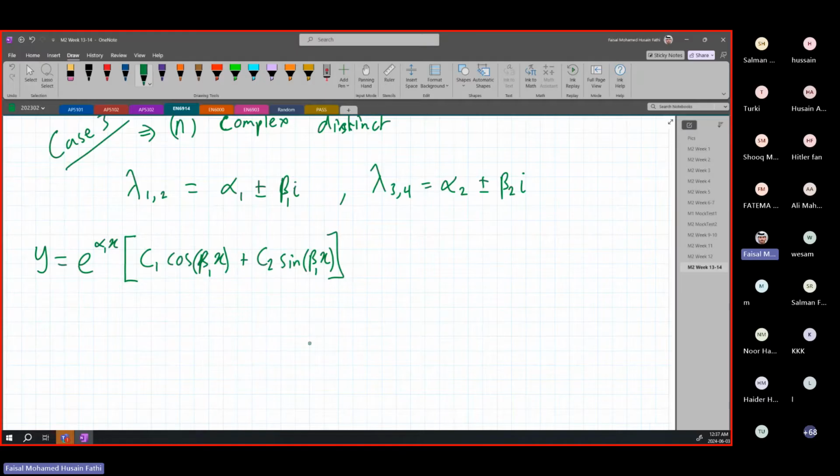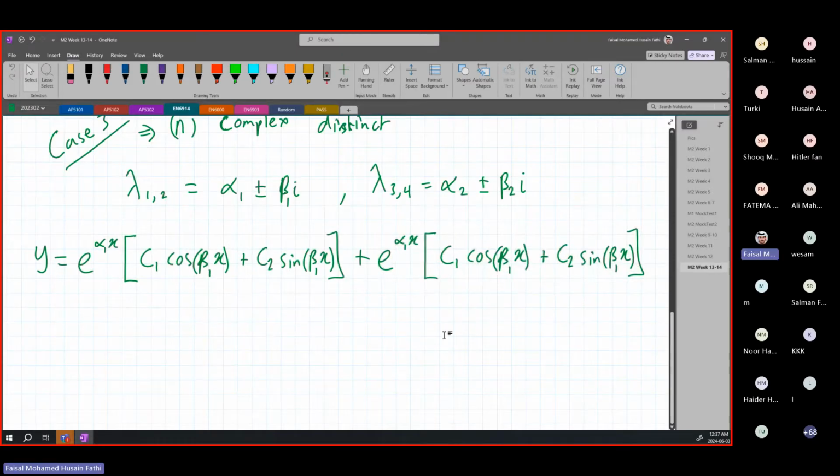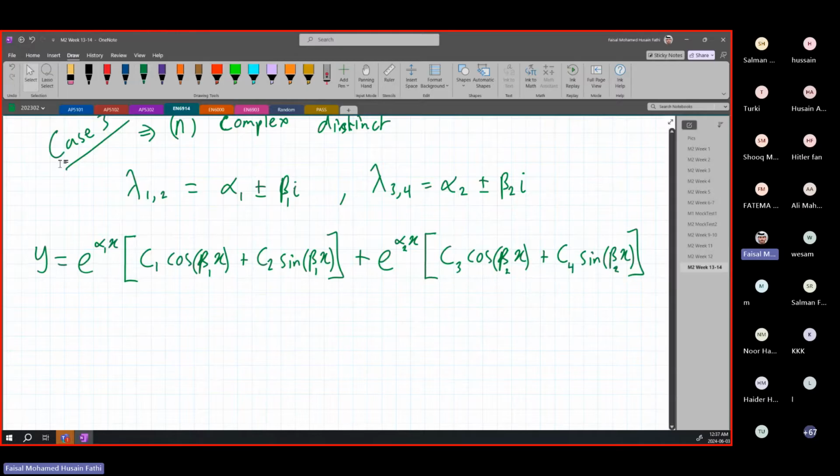For the second one it is the exact same thing, but instead of 1 it will be 2: alpha 2, beta 2, and c1, c2 become c3 and c4.